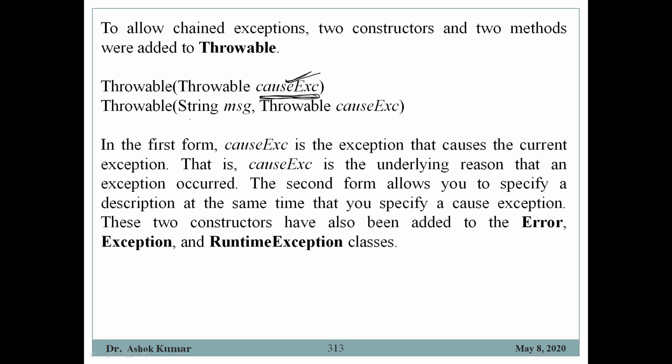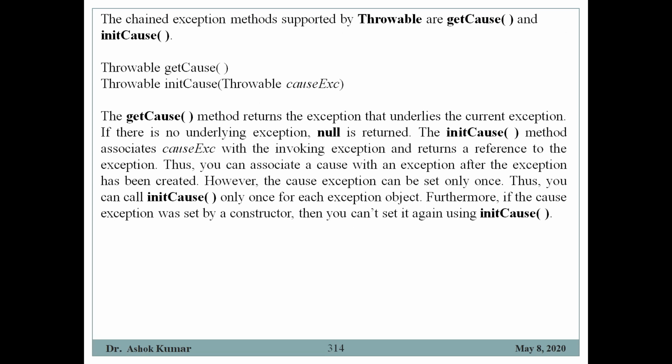Then the second constructor lets you assign the reason as well as give some description to the exception. The first parameter, msg, is the description of the exception. In chained exceptions, the Throwable class basically has two methods. One is called getCause.